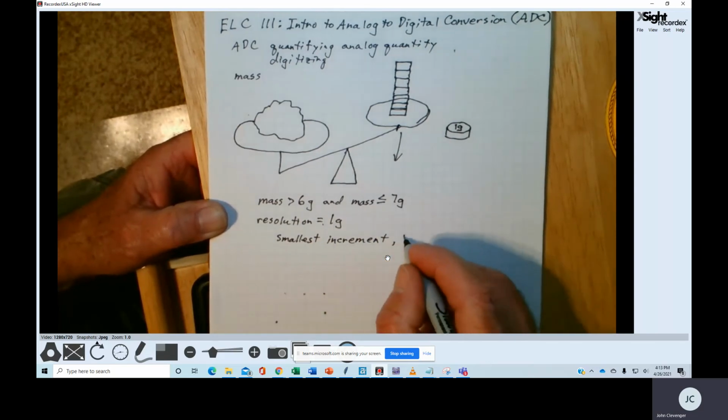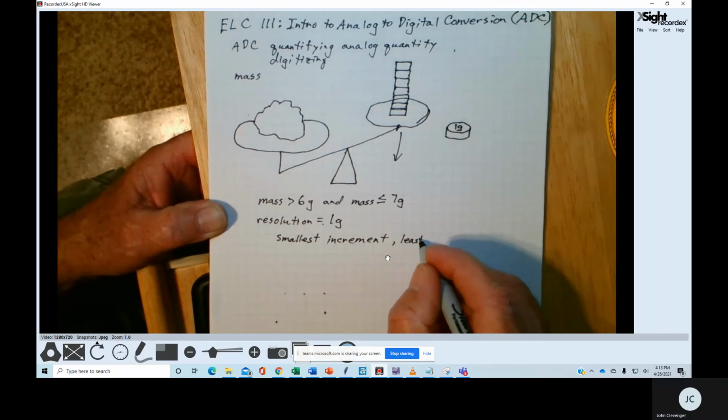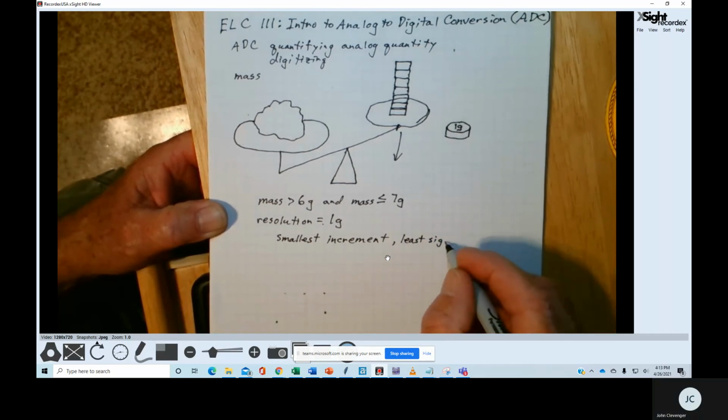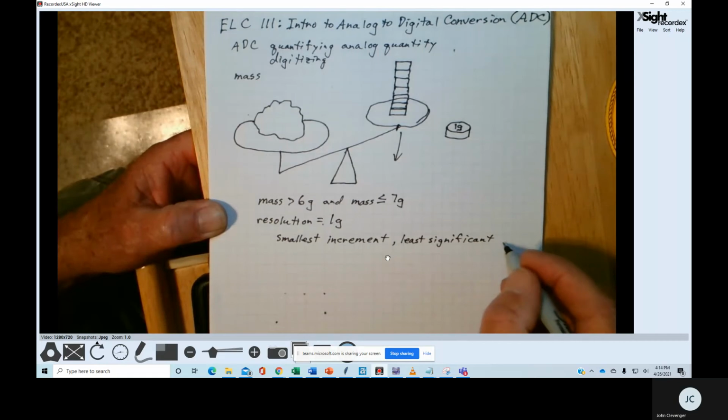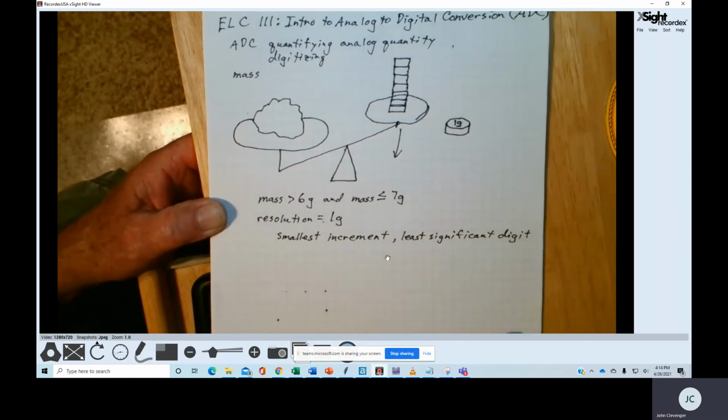We can also say this is the least significant digit in our measured quantity. In other words, I can't tell whether this is any value except as shown that it's greater than 6 grams and it's less than or equal to 7 grams.